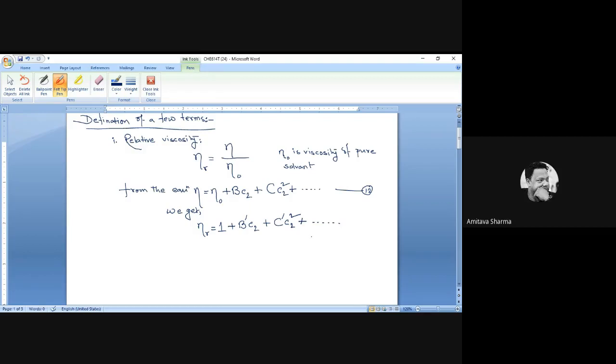This is equation 13 and this is equation 14. I am continuing the numbering.